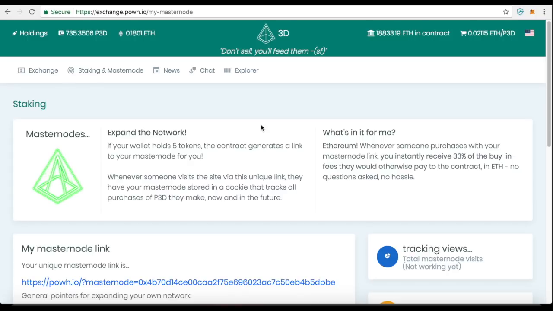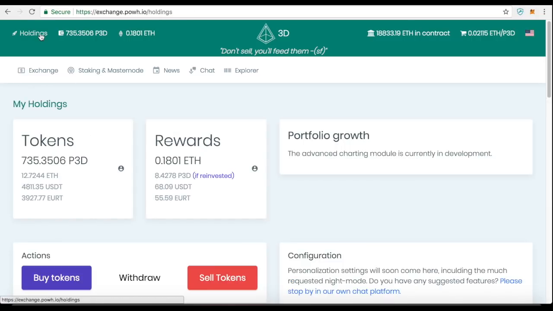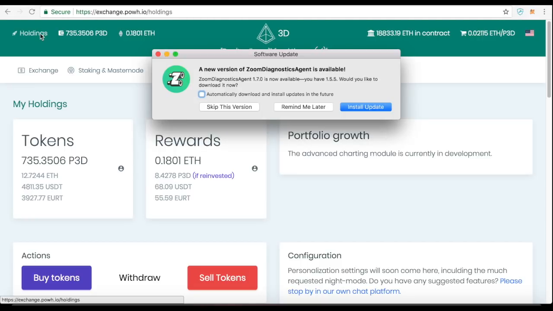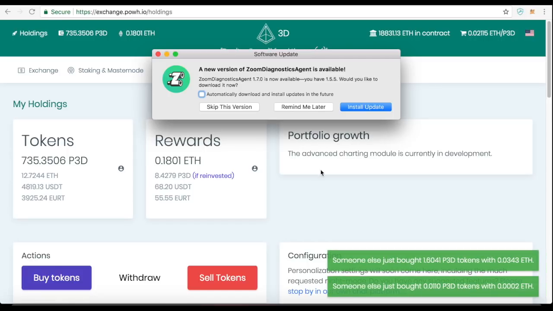So if by the end of April it goes to $40-50, then it would be easy to count: 700 coins times $50, if I were to decide to sell, would be about $35,000. That would be an amazing opportunity.